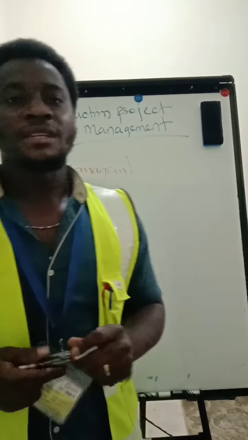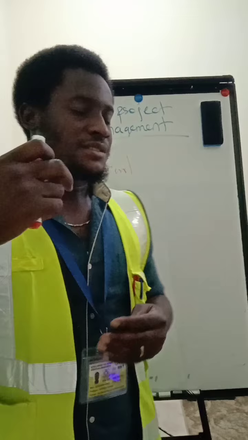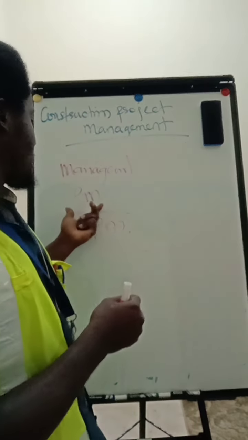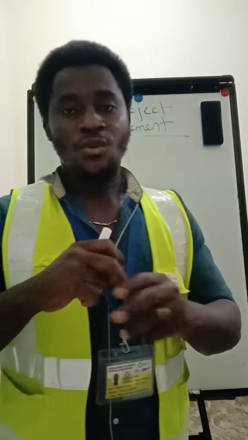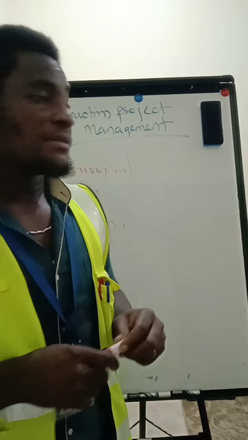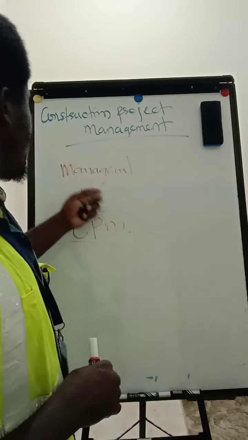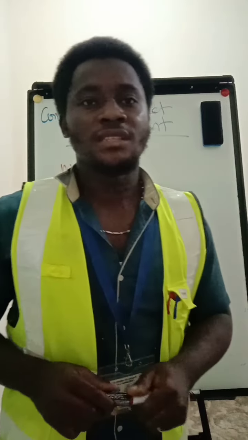Next I'll define what is construction project management. Construction project management is a professional service that utilizes project management skills or approaches in order to oversee the complete planning, design, and construction of the various services in a building or construction project.